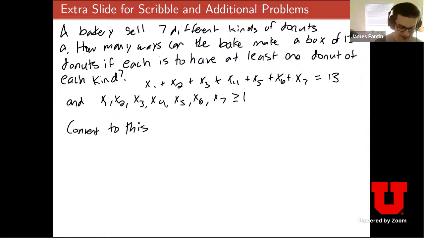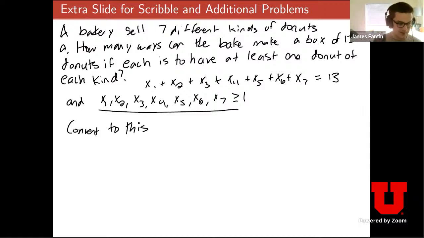That's perfect. So we take this problem and we convert it into a simpler one. This is a perfect strategy: you take a problem and you notice, can we rephrase this into something that we've seen before? What we've seen a lot is that we know how to solve equations like this and find the number of non-negative integer solutions. But here we have this additional constraint that all of them are greater than or equal to 1.